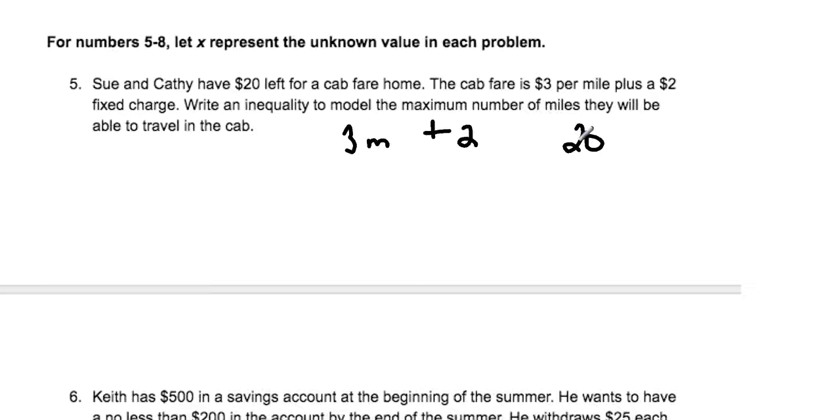So 20 has to be the smallest number they can go. Nope, I said that incorrectly. 20 has to be the greatest number they can go. This can't go over that because they don't have enough money. So 20 has to be the greatest number they could go, but they could equal it. They have enough money to actually equal that. All right, go ahead and give them a try. These are not easy, so do your best and just try.